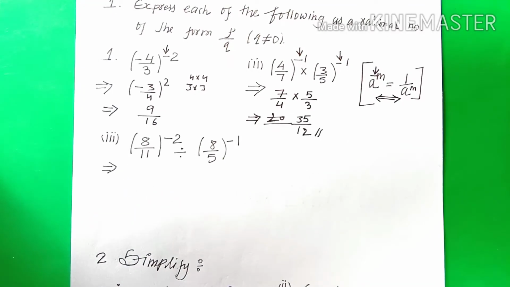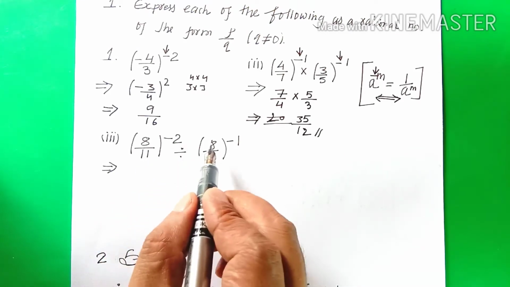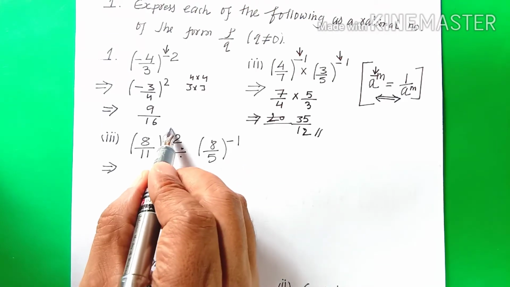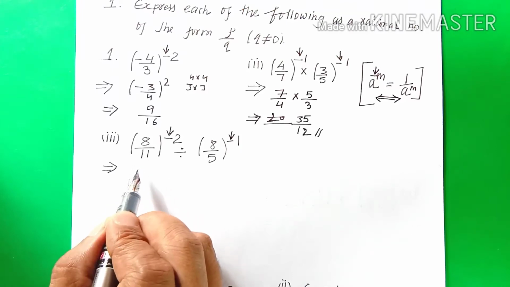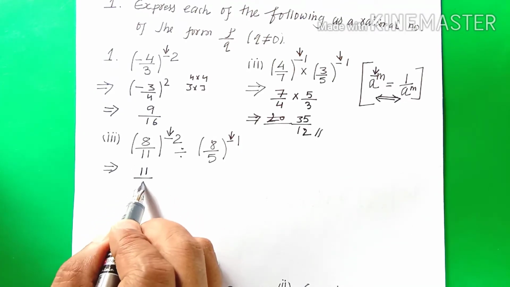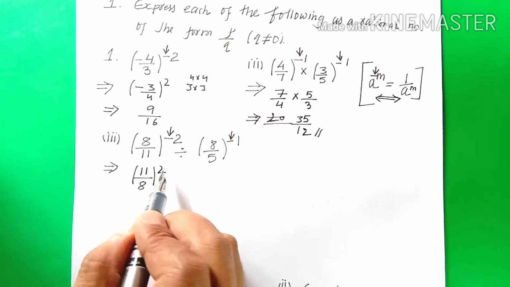Which is, we have here (8 by 11) raised to minus 2 divided by (8 by 5) raised to minus 1. Again here, change this power into a positive. So it will take the reciprocal of 8 by 11, which will be 11 by 8, raised to the power minus 2 will become plus 2.